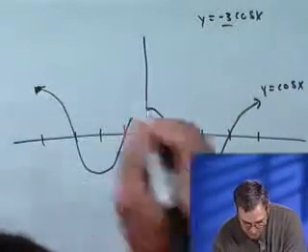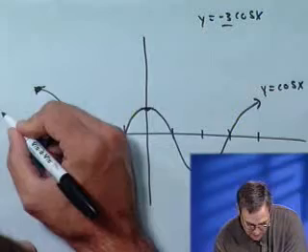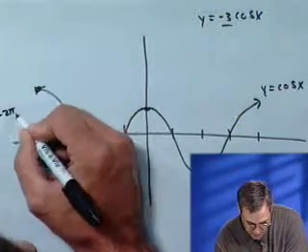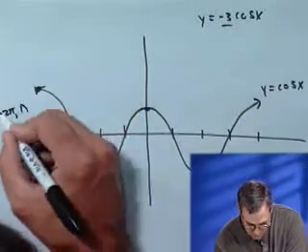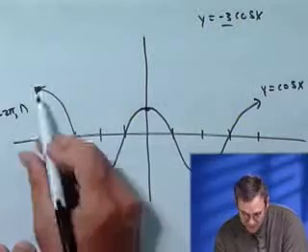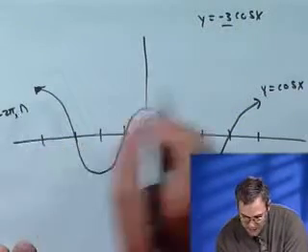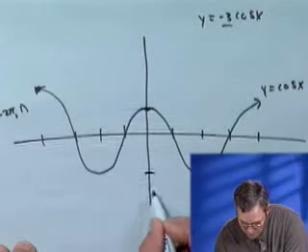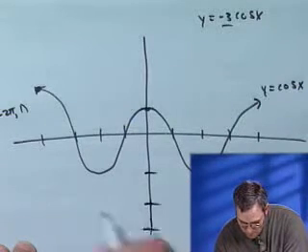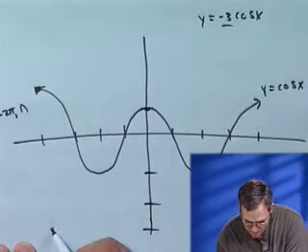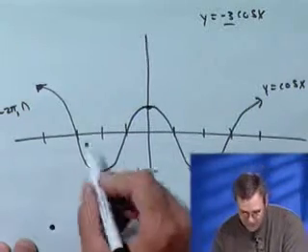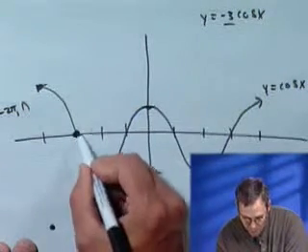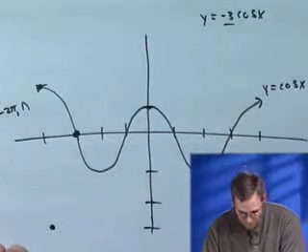Here's the point, let's see, that's the point negative 2 pi, comma 1. Okay? So this point's going to be negative 2 pi, comma negative 3. So this point will be right here. Okay? This point will stay the same. All the x-intercepts will stay the same.